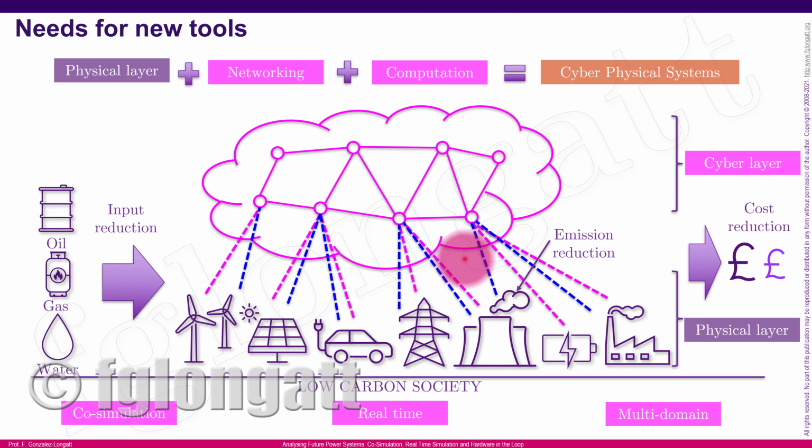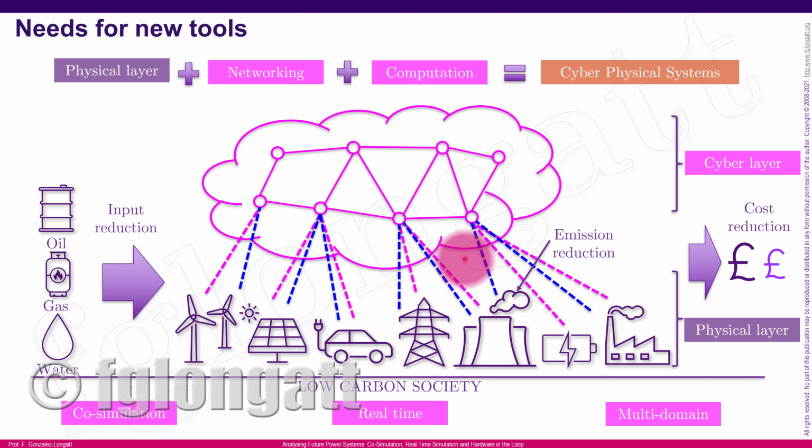However, this new form of cyber-physical system requires us to think again about the way that we perform studies in electrical power systems. We cannot keep using offline simulation, especially when we have so many power converters integrated in the electrical power system.